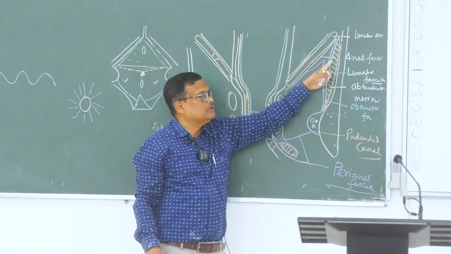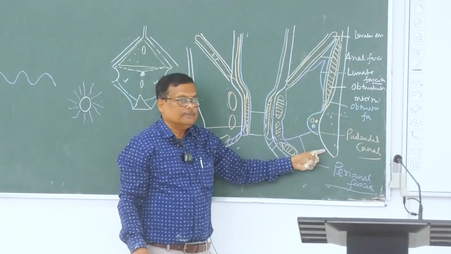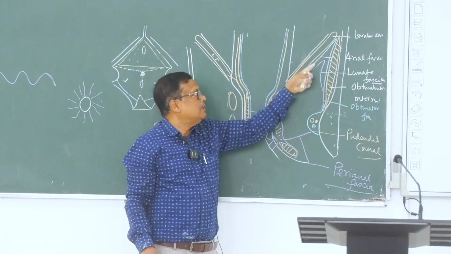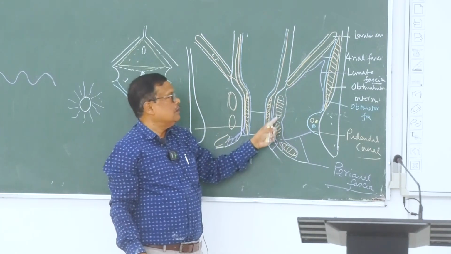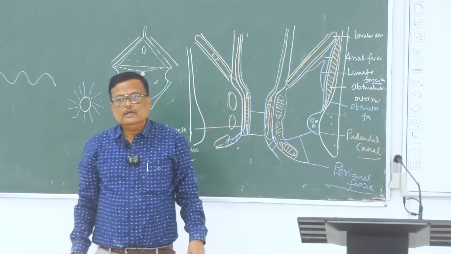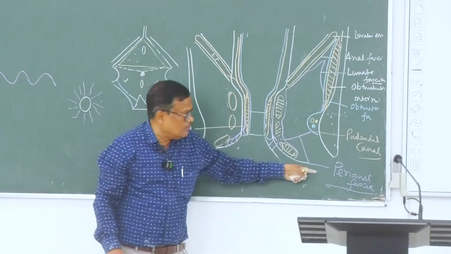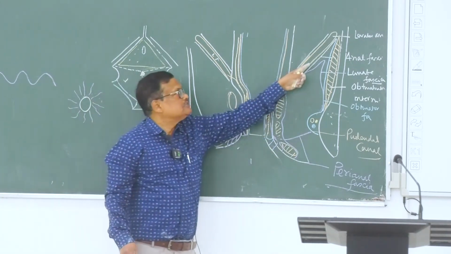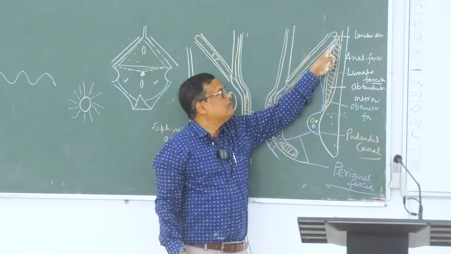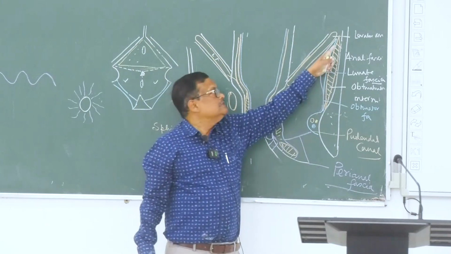Lateral boundary হচ্ছে obturator internus with its covering fascia above and ischial tuberosity below. Medial boundary above by the anal fascia and below by the fascia covering the sphincter ani externus. Base is formed by the skin. এই জায়গাটা আমাদের skin. And apex is formed by the joining of the obturator fascia and the anal fascia. এই যে apex.